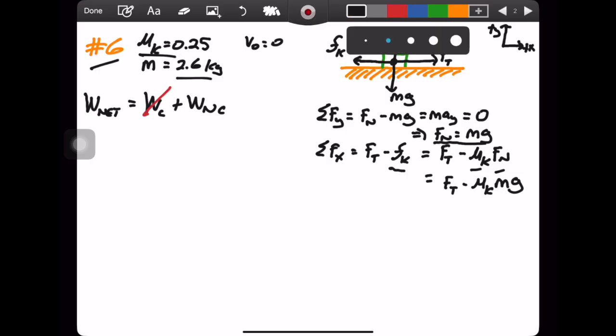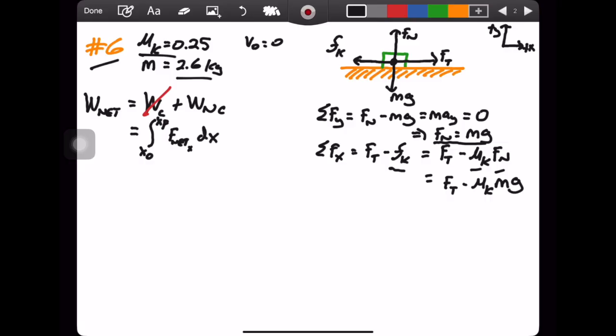This means that we are left with just the horizontal direction, and to determine the work that is done in the horizontal direction, we have to perform an integral where we integrate from the initial x position of the block to the final x position of the block. And then we have to integrate the net force in the x direction dx.